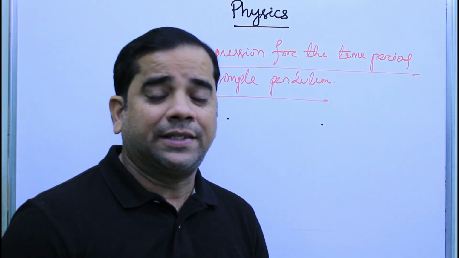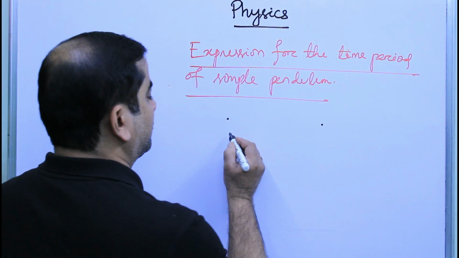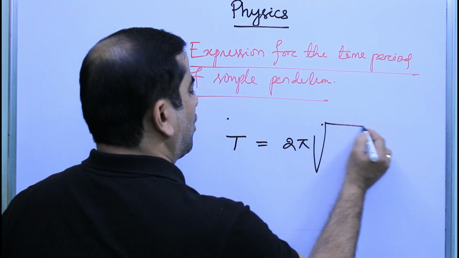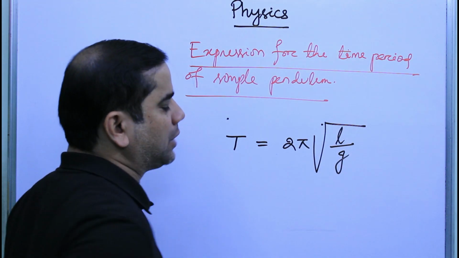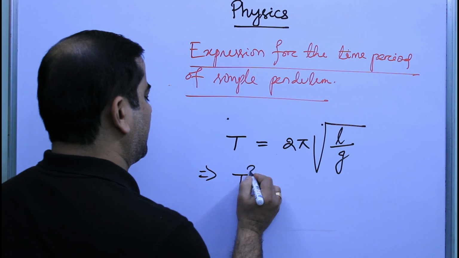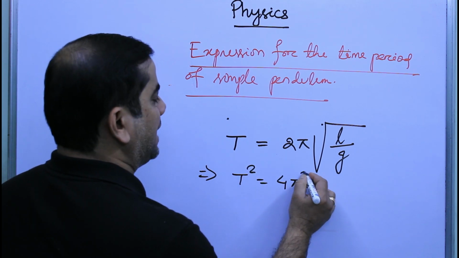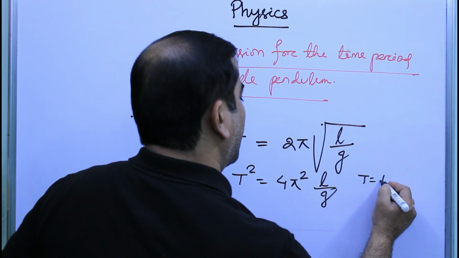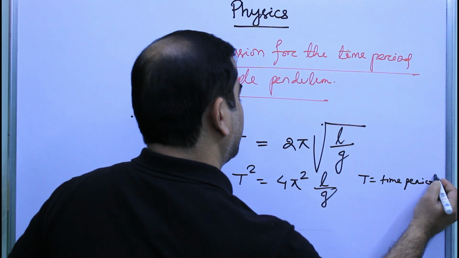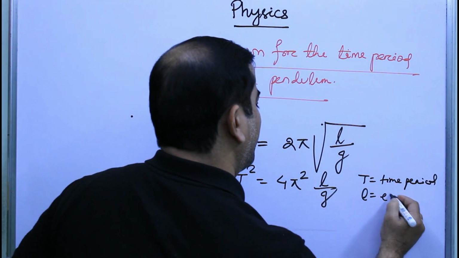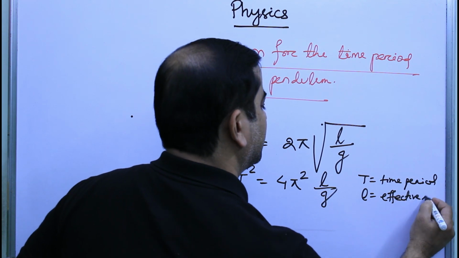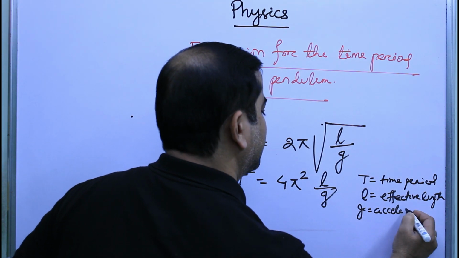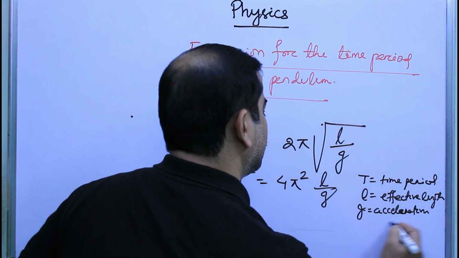Okay, students, the time period of a simple pendulum is expressed with the relation T equals 2 pi square root of L upon g. That means we can write it as T squared equals 4 pi squared L upon g, where T is our time period, L is the effective length, and g is our acceleration due to gravity.